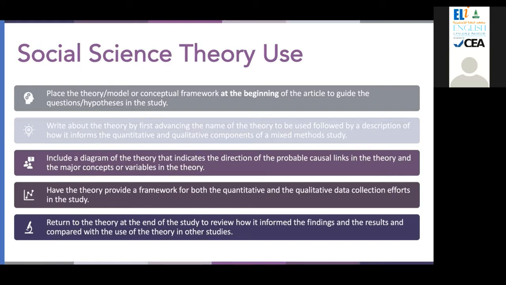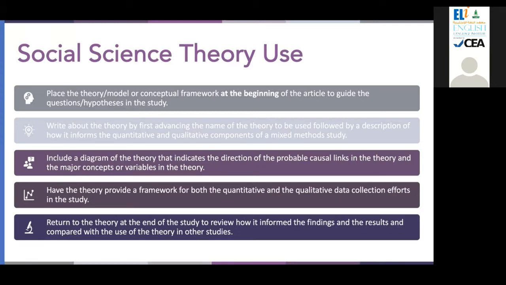This is what you need to advance in the writing. In other words, you provide the rationale for your selection. You can also include a diagram, and I highly recommend this in academic writing because a visual representation is always useful, and it makes the theory much easier to grasp by the reader.